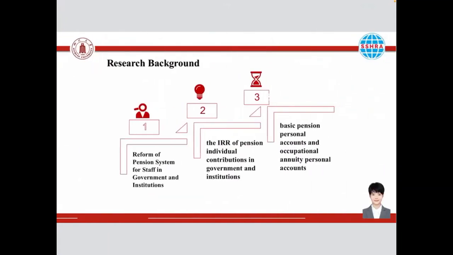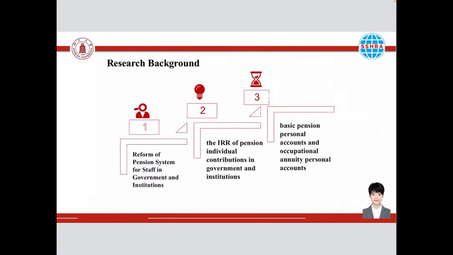In 2015, China established an endowment insurance system for employees of government and institutions. So far, China has 3 types of pension systems: for government and institutions employees, for urban employed workers, and for urban and rural residents.